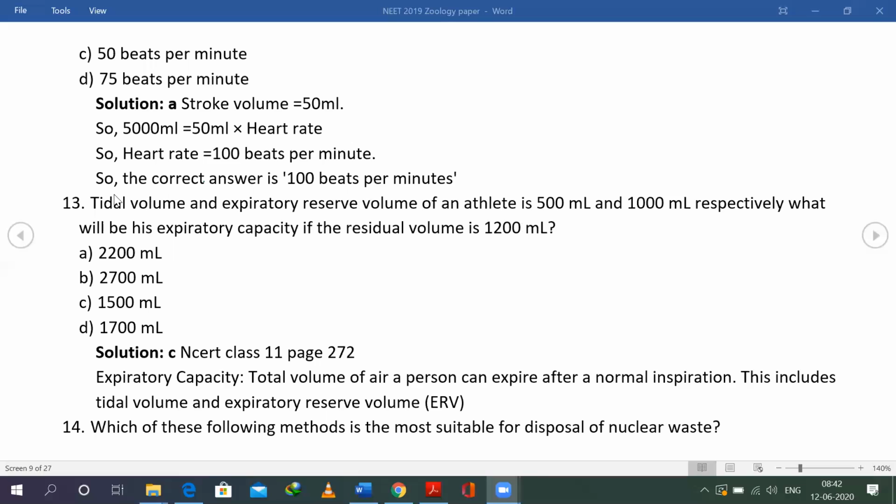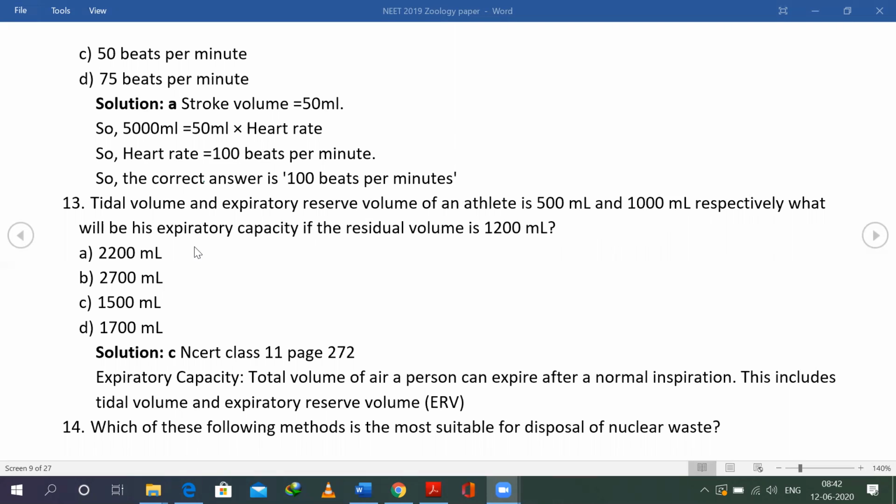Now, tidal volume is 500 ml normally, and expiratory reserve volume is somewhere around 1000 to 1100 ml. So this one they have given here is for an athlete. Tidal volume and expiratory reserve volume of an athlete is 500 ml and 1000 ml respectively.